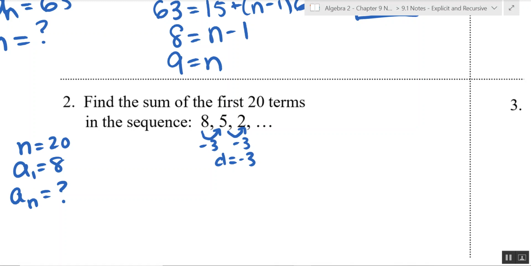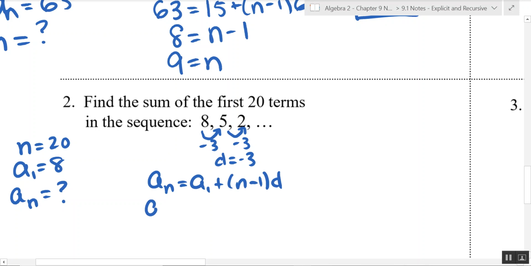So we need to figure out what that last term is going to be in this series. Again, we're going to go back to that same formula, where we have the first term plus n minus 1 times d, and we'll fill in what we know. We want to find the 20th term. First term is 8, and we have 20 minus 1, or 19. And we multiply it all out. Negative 57 plus 8 would be negative 49.